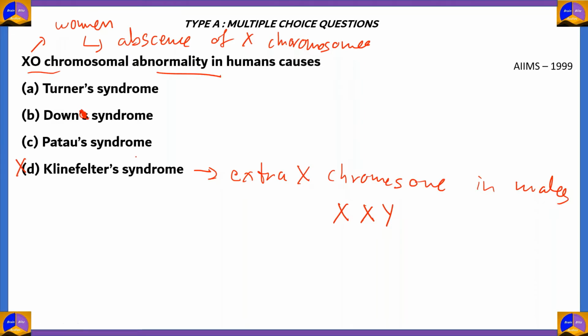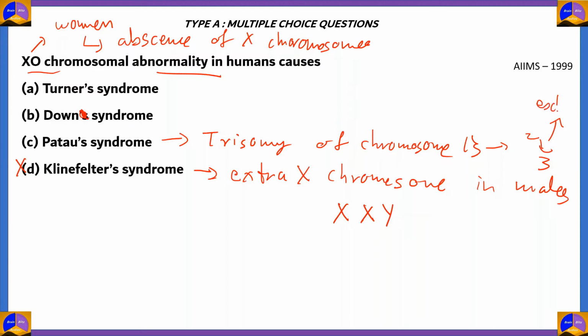What about Patau syndrome? Patau syndrome is the trisomy of chromosome 13. So generally, there are two identical pairs of chromosomes in humans, except for the X and Y chromosomes. So in Patau syndrome, instead of two, there are 3 chromosome 13s. That is why it's known as trisomy of chromosome 13.